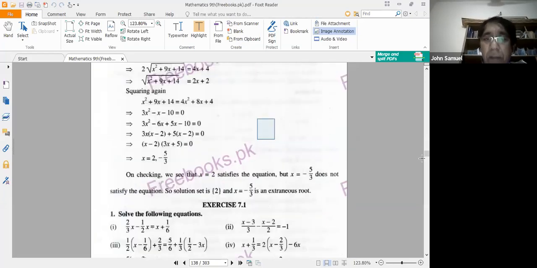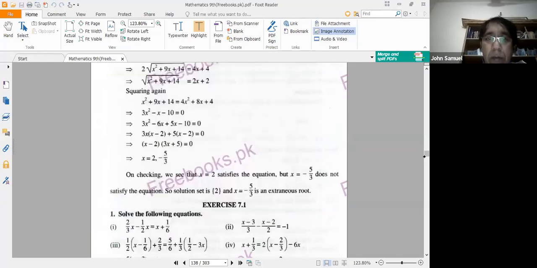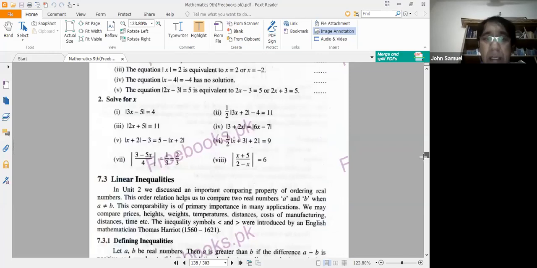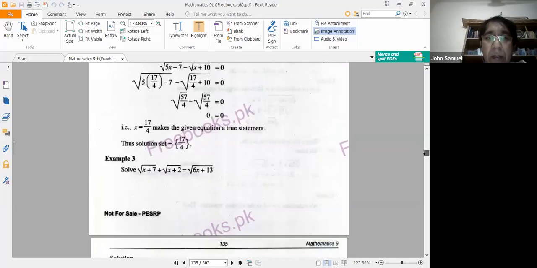This is the first page. Sum number 1 to sum number 10. All parts of sum number 1 are similar. Solve the equation. In all these equations, you will apply the same method.